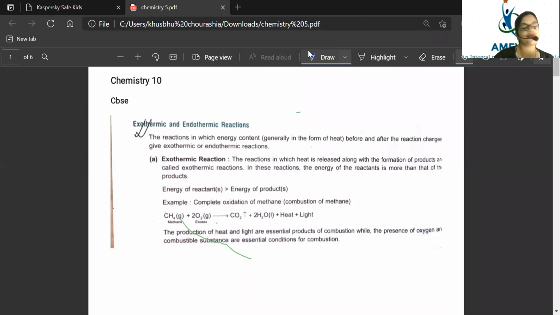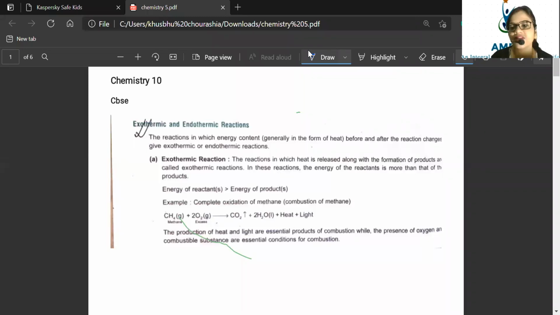Now listen, beta, Ajay, what I told you right now: when in a reaction heat is released on the product side, it is an exothermic reaction. When heat is indicated on the reactant side, or above or below the arrow, it is called an endothermic reaction.